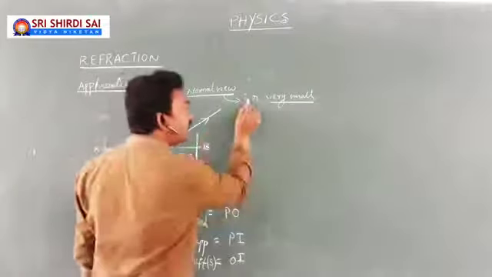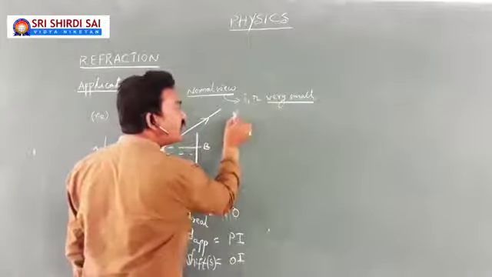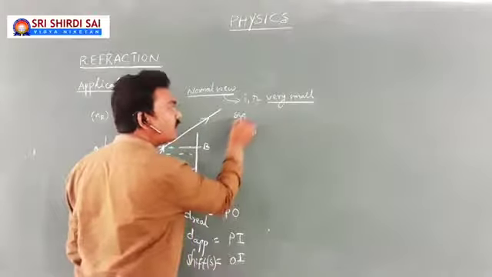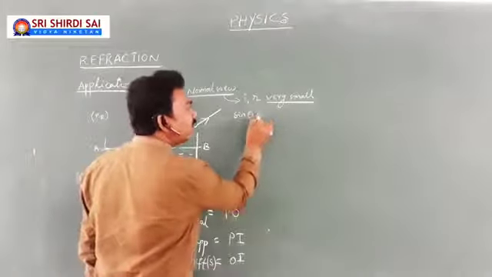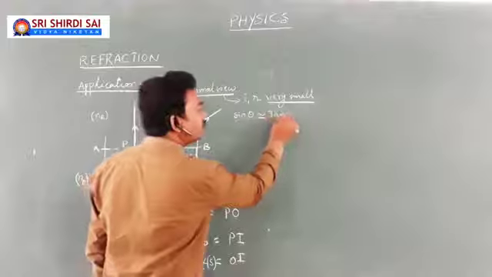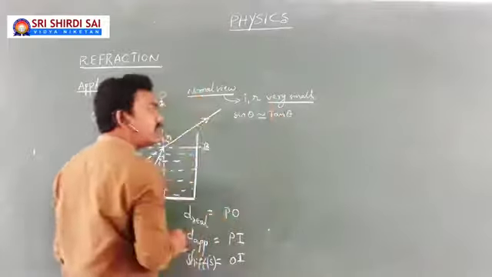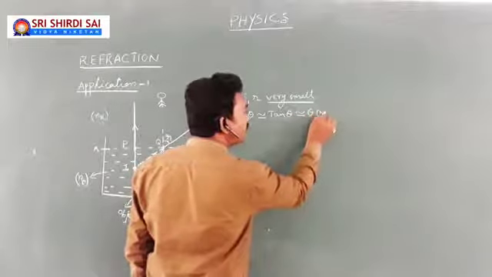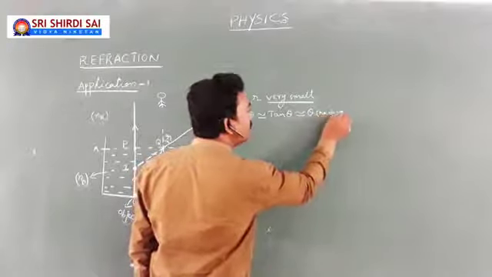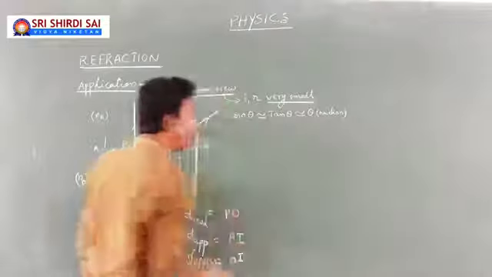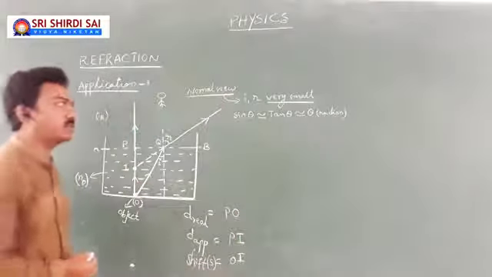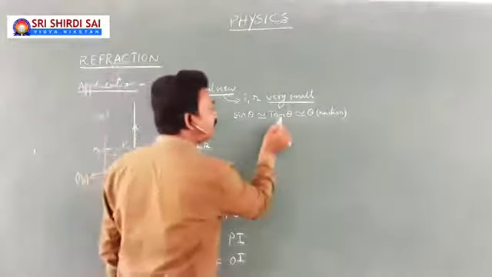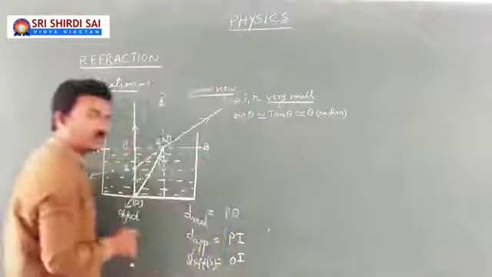When the angles are very small, we have a point in trigonometry which you have learned: sin theta can be approximated to tan theta, and of course can be approximated to theta itself in terms of radians. This is a trigonometric approximation that you have learned already. For smaller values of theta, sin theta is approximately equal to tan theta is approximately equal to theta.